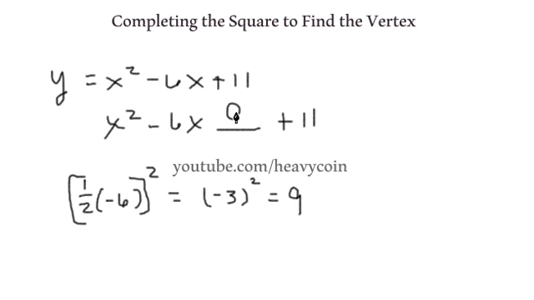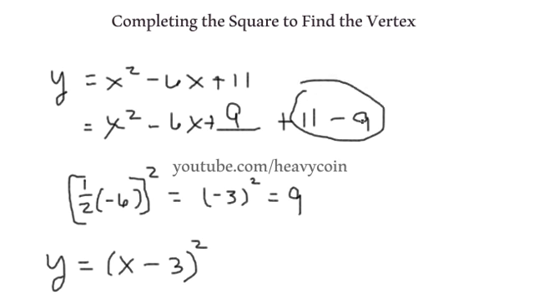So 9 goes here, and of course it's a plus 9, and you must put a -9 outside. Alright, so y is equal to, now we go x minus a half of this number, which is 3, squared, and then we take this number here, plus 9, 11 minus 9 is a plus 2.